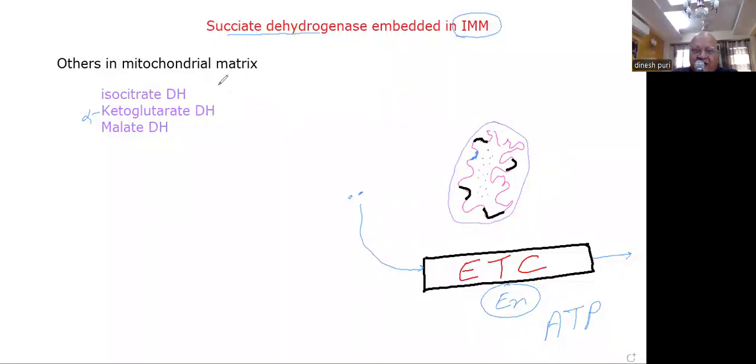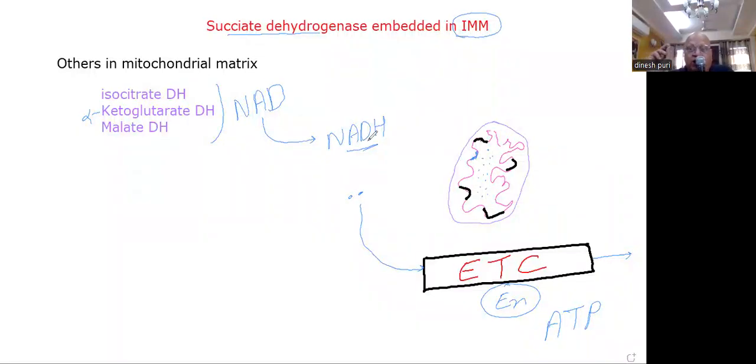The answer lies in the fact that for these three dehydrogenases, the coenzyme used is NAD. And during the dehydrogenation reaction, NAD is converted to NADH. Now, NADH is a loosely bound coenzyme.